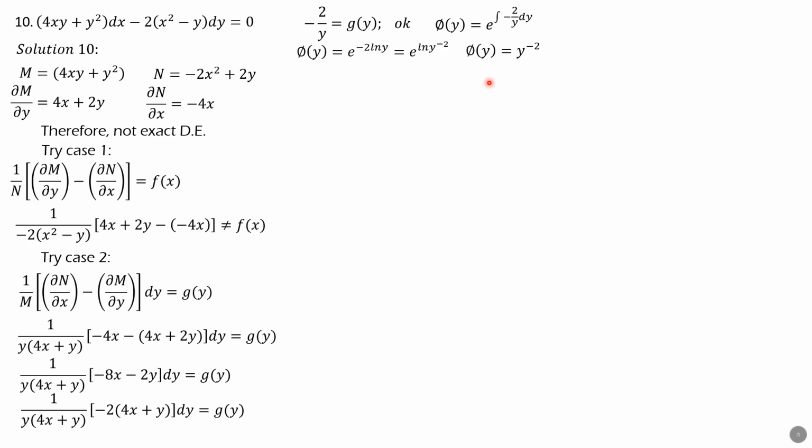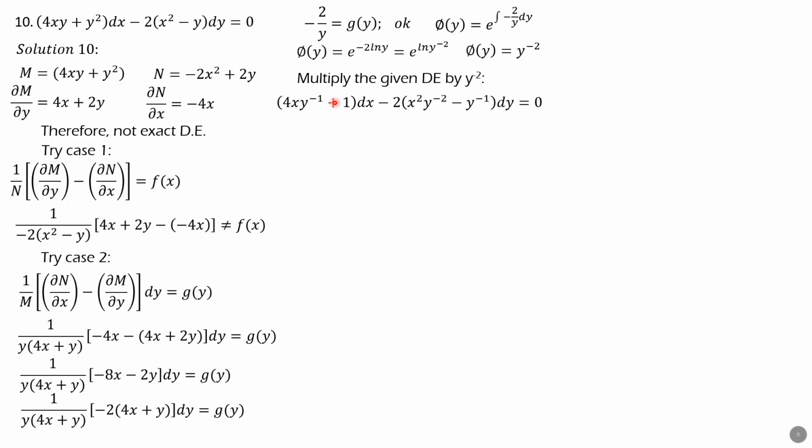And the equation becomes 4x y to the negative 1 plus y squared times y to the negative 2 is y to the 0, or 1. So plus 1 dx minus 2 quantity x squared y to the negative 2 minus, this is the result, minus y to the negative 1 dy equals 0.